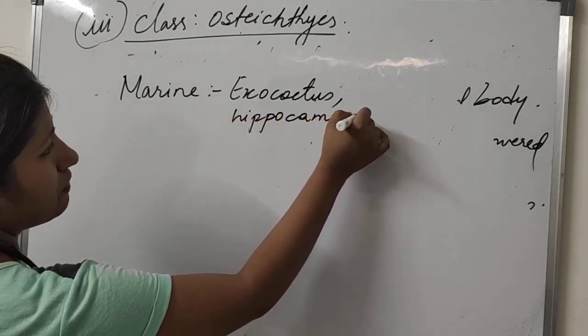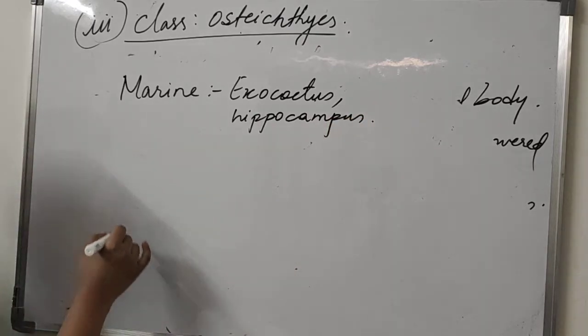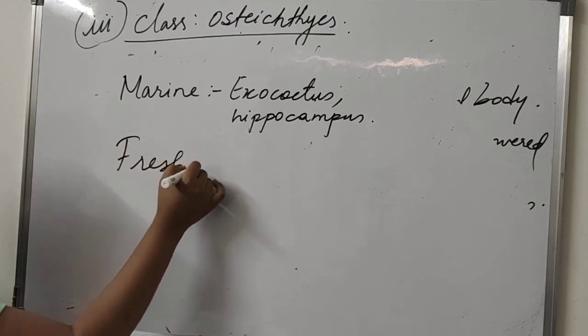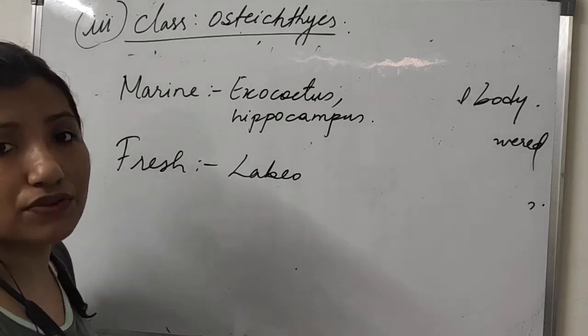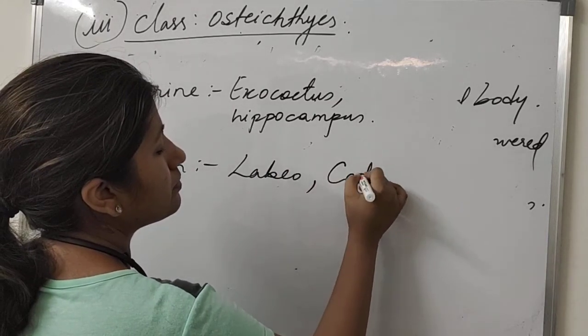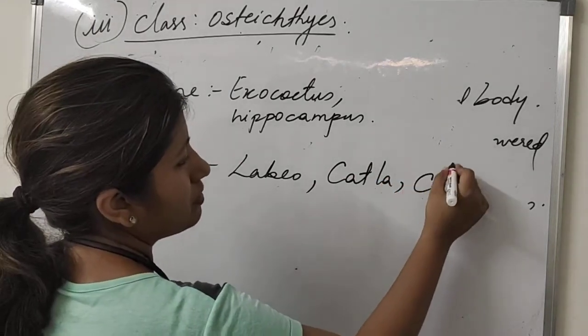Exocoetus is also known as flying fish, and Hippocampus is also known as seahorse. Freshwater: Labeo rohita is a rohu fish which you generally eat, and Catla and Clarias. Clarias is the marble fish.